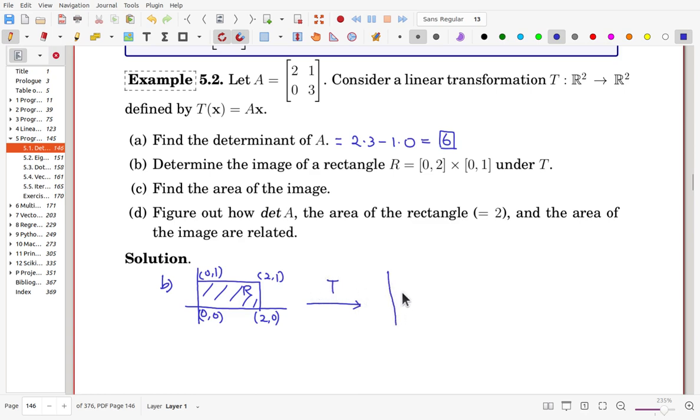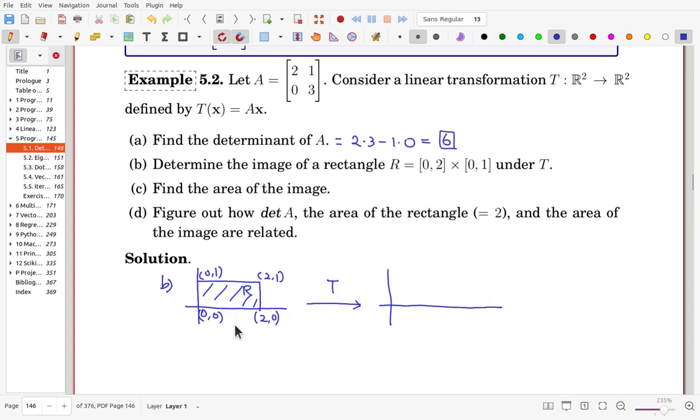So we have another coordinate system here, and we'll try to draw the image here. The matrix multiplication is a linear transformation. A linear transformation sends lines to lines and points to points, so the corners must be corners in the image.